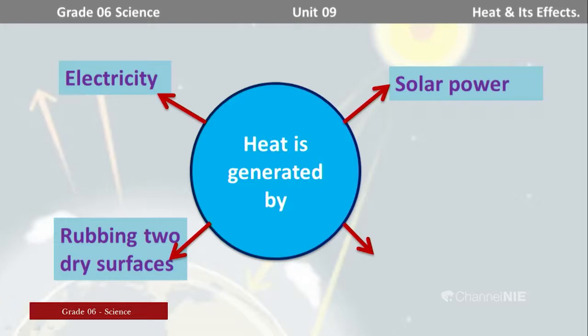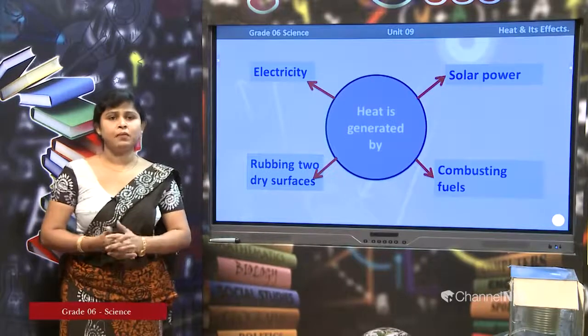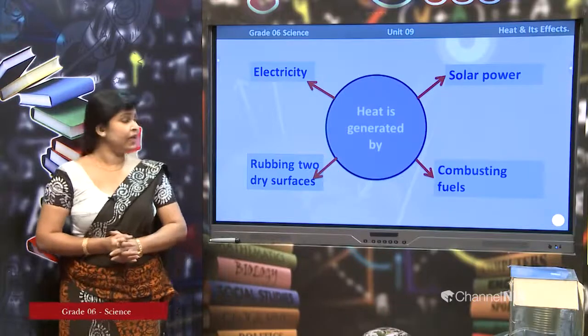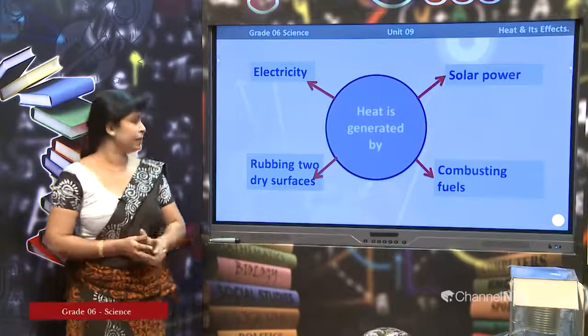We can rub two dry surfaces together, then the heat is generated. And by combusting fuels, you already know it, by combusting different types of fuels we can obtain heat. By burning firewood, by burning fuel, liquid fuel, solid fuels, we can obtain heat energy by combusting the fuels.